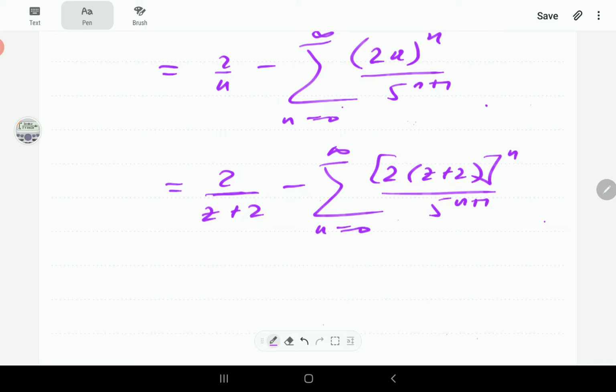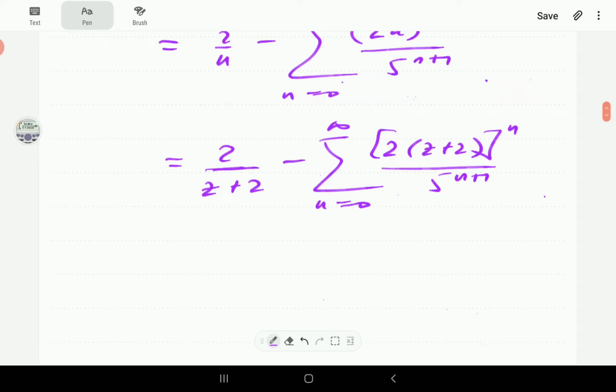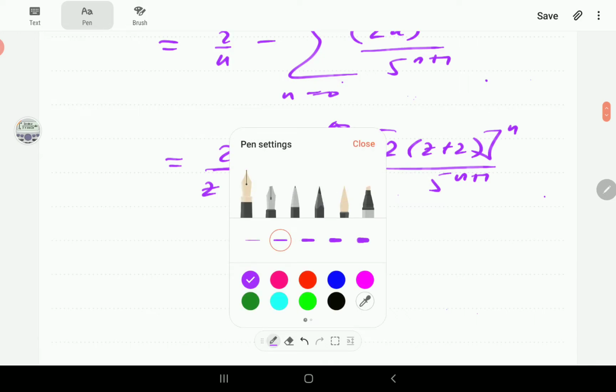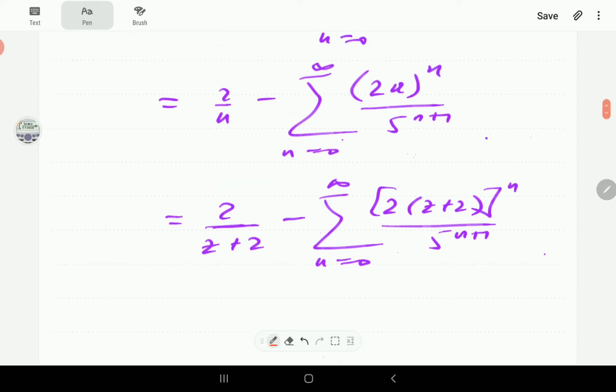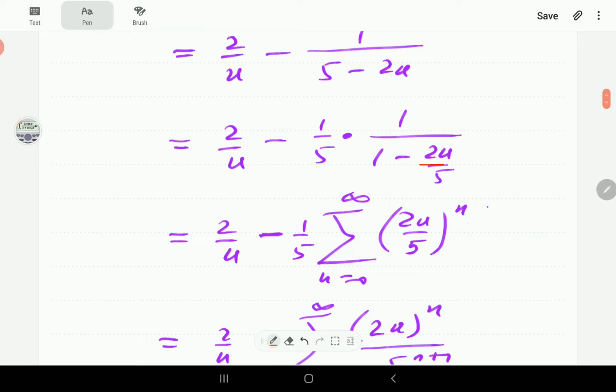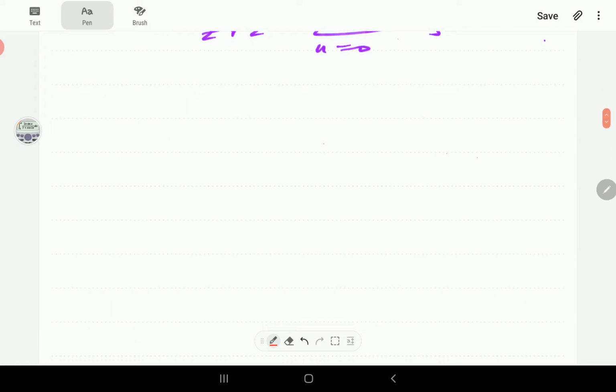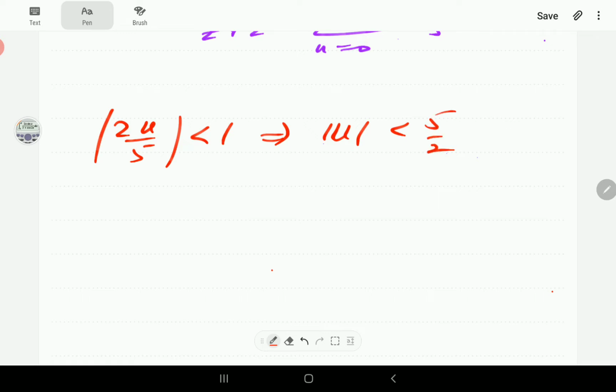Just to make sure that this is indeed in the right region, we're going to use the conditions of convergence from the angle of the geometric series, because if we write this in this form, then this is going to be convergent whenever magnitude of this is less than 1. So 2u over 5 is less than 1. So this is going to be, say, magnitude of u is less than 5 over 2. And then, of course, u is z plus 2.